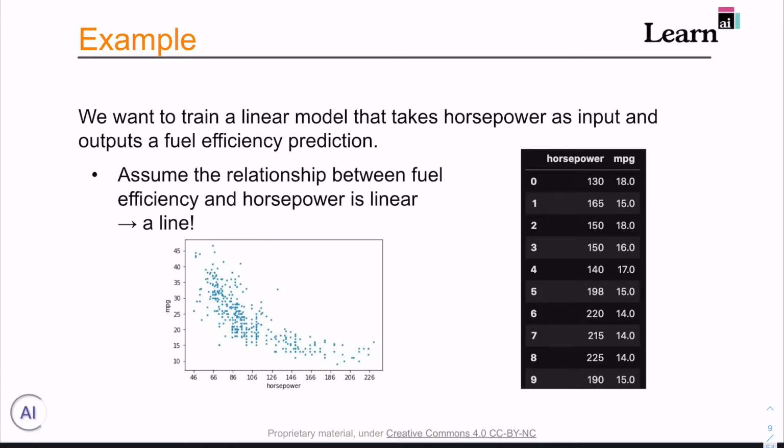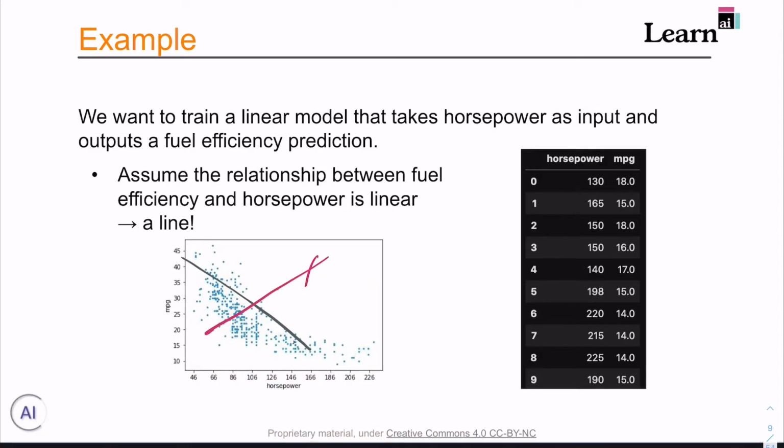So we're going to start off by fitting a linear regression model to this data. That means we're going to assume that the relationship between fuel efficiency, miles per gallon, and horsepower is linear, right? So we're going to assume that it's a line. So our model is going to look like some line. Maybe it looks like this, and you can see that this fits better than this. This is probably not good.